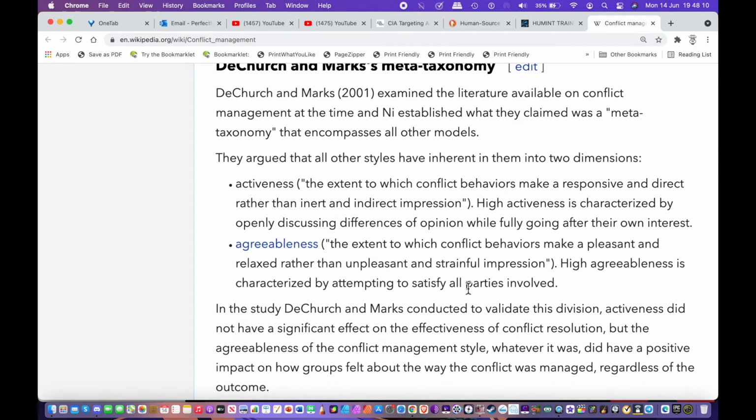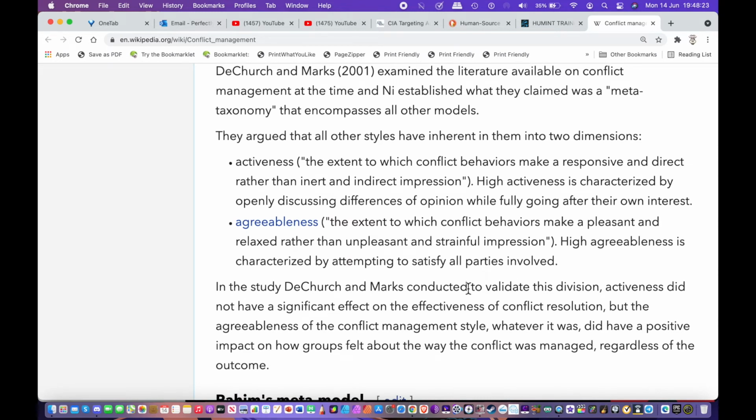They argued that all other styles have inherent in them two dimensions. Activeness, the extent to which conflict behaviors make a responsive and direct rather than passive and indirect impression. High activeness is characterized by openly discussing differences of opinion while fully going after their own interest.